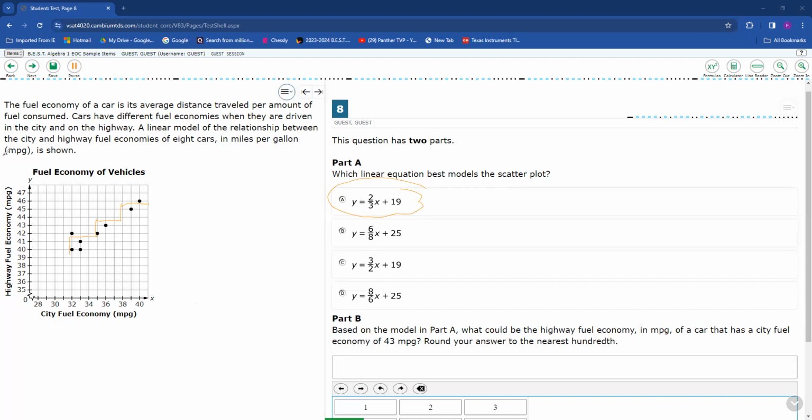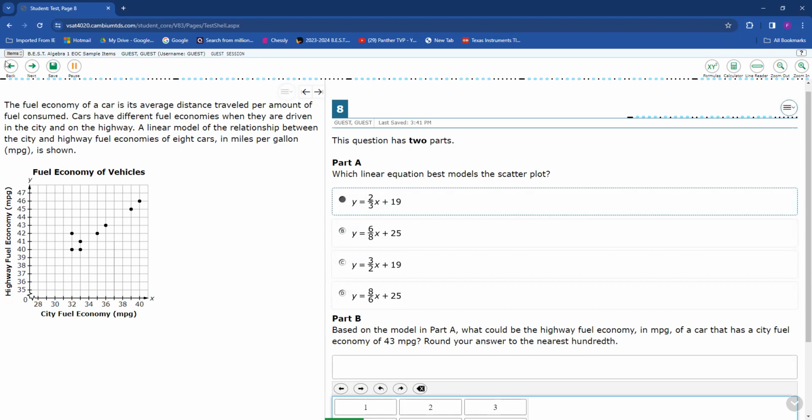Also, 6/8 doesn't make sense because they would use 3/4. Let me clear all my drawings. So I can select 2/3. There's only 2/3. And then based on part A, how can we find the highway fuel economy?